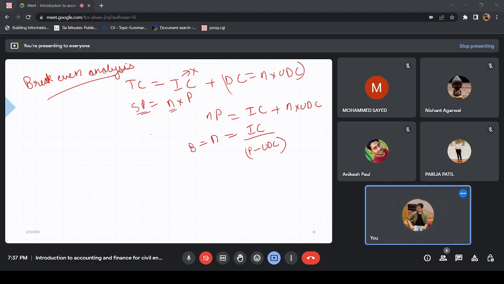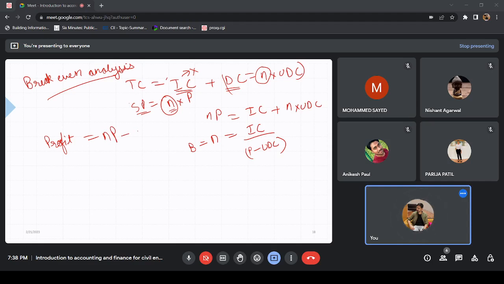This IC is quite fixed, and this direct cost is in terms of N. Now here it was chosen as linear, but it can be any power of N. And similarly your selling price is also in terms of N. So what is your profit? Profit formula remains the same: selling price minus cost price.